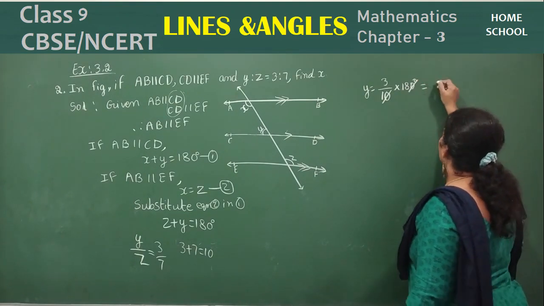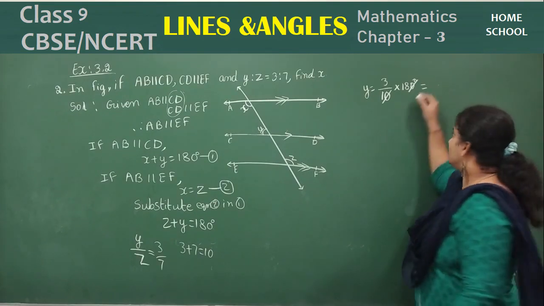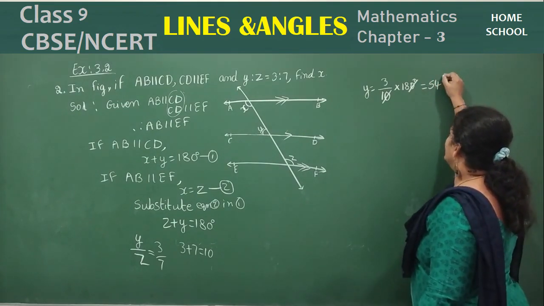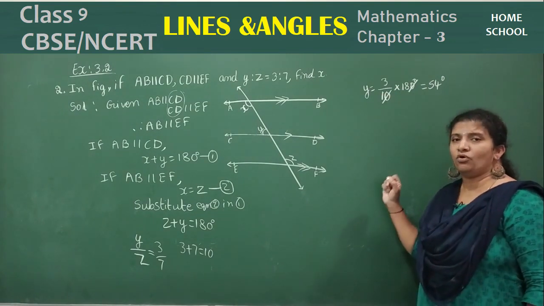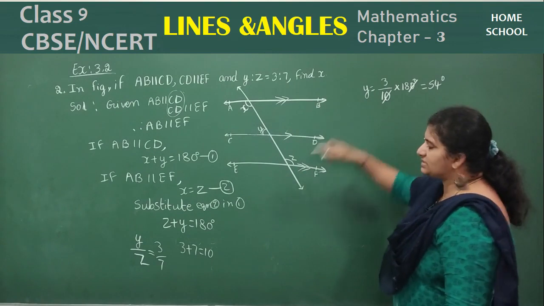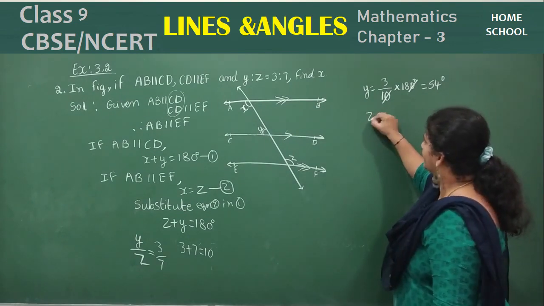That will be 54 degrees. 18 threes are 54 degrees. Okay, next we need to find one more, that is z.